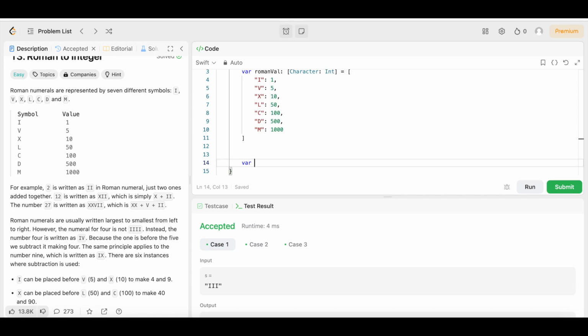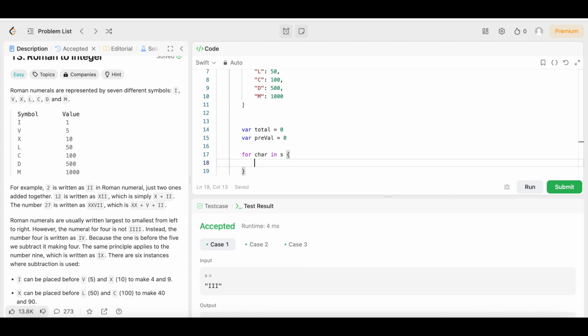So the first thing we're going to do is create a variable called total, and that's going to equal 0. Then we're going to create another variable called preval, that is also going to equal 0. That's part of the formula too, but you need to remember this too. We're going to say for char in s. Char is for character, in case you guys were confused.